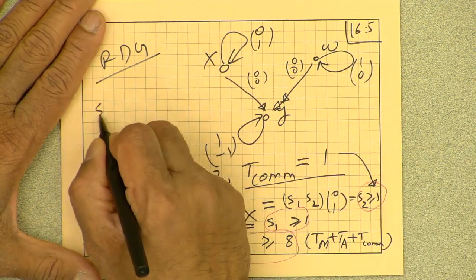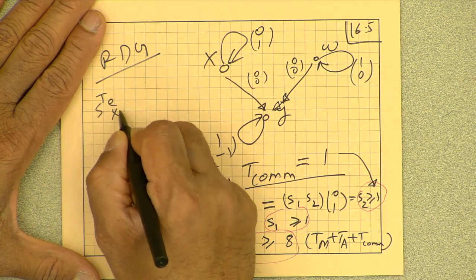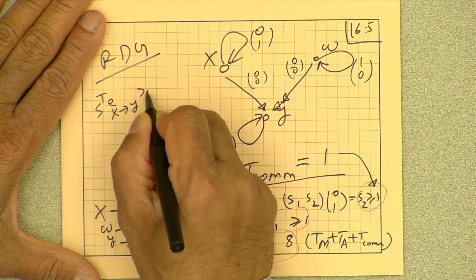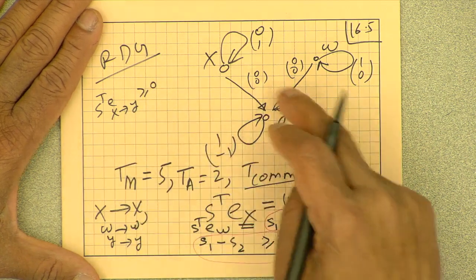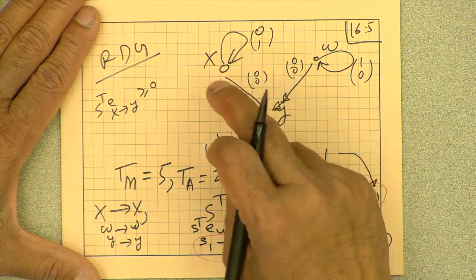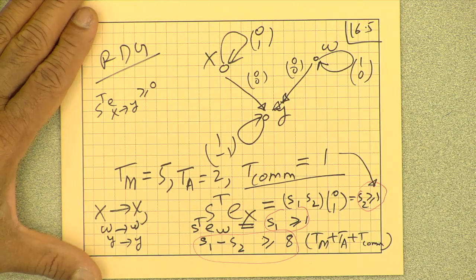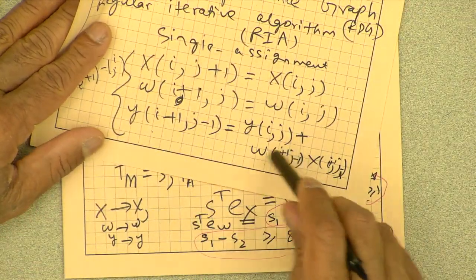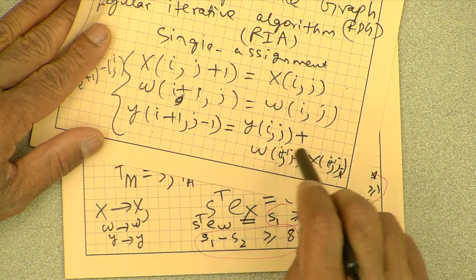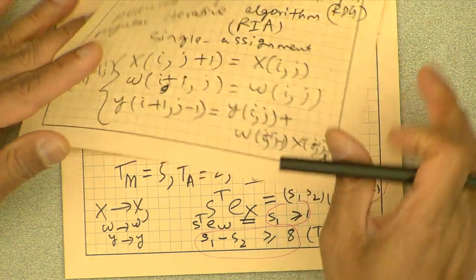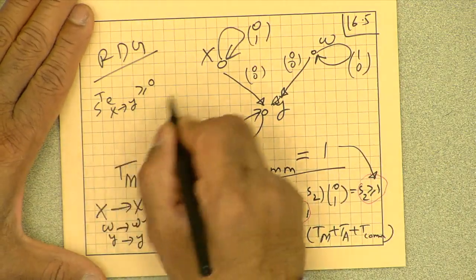So this says S transpose E x to y should be greater than or equal to 0, because there is no communication when I am taking the value of x to compute y. So y is simply using the w and x at that node. Nothing is being computed.